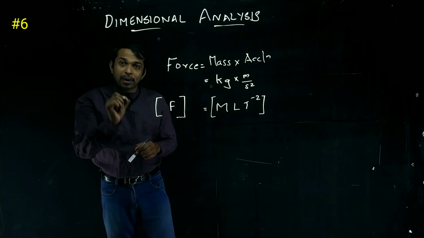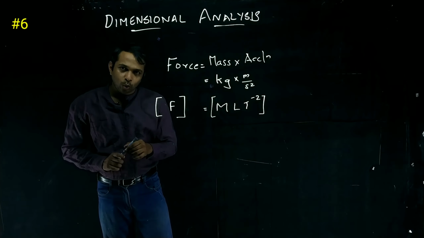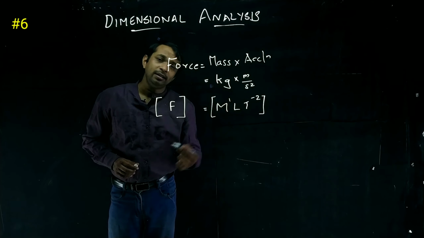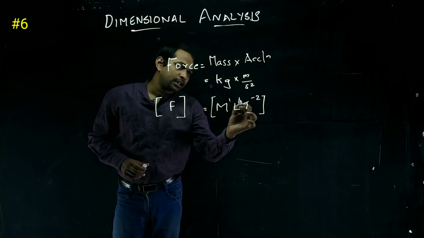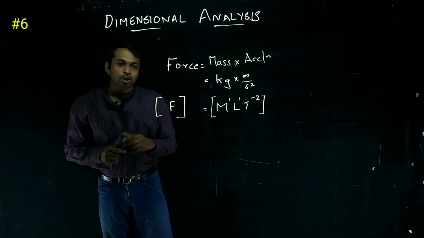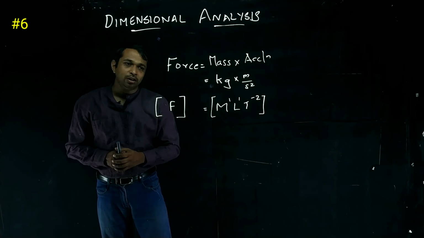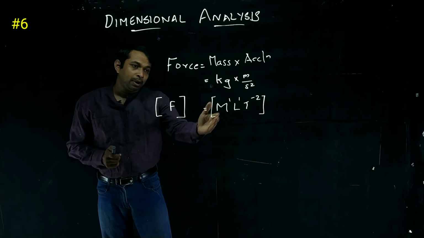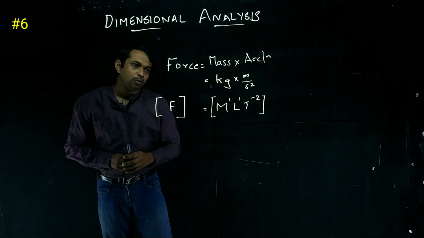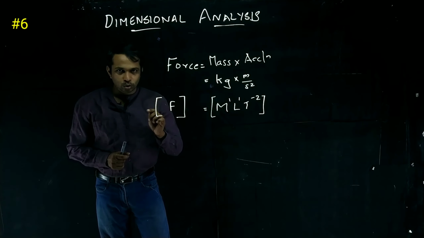Dimension is the power of each and every basic quantity. Here we can write M as M raised to 1, L as L raised to 1, and T as T raised to minus 2. So we can say force has a dimension of 1 in mass, 1 in length, and minus 2 in time.